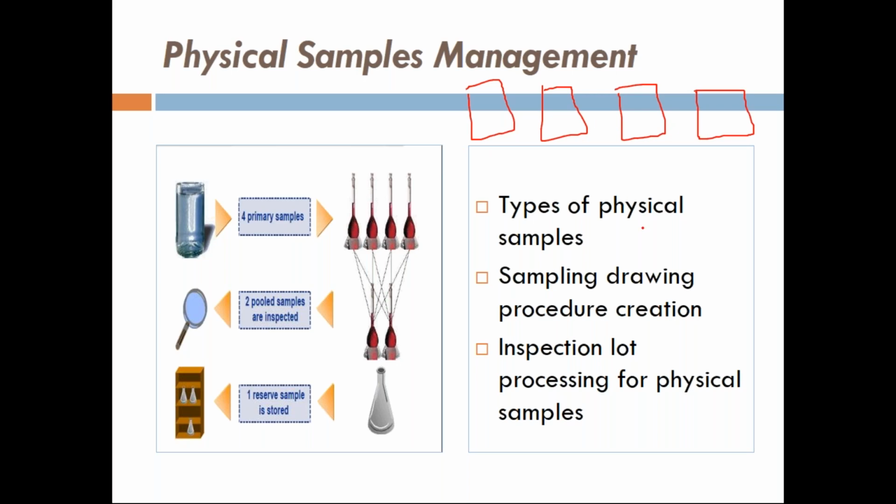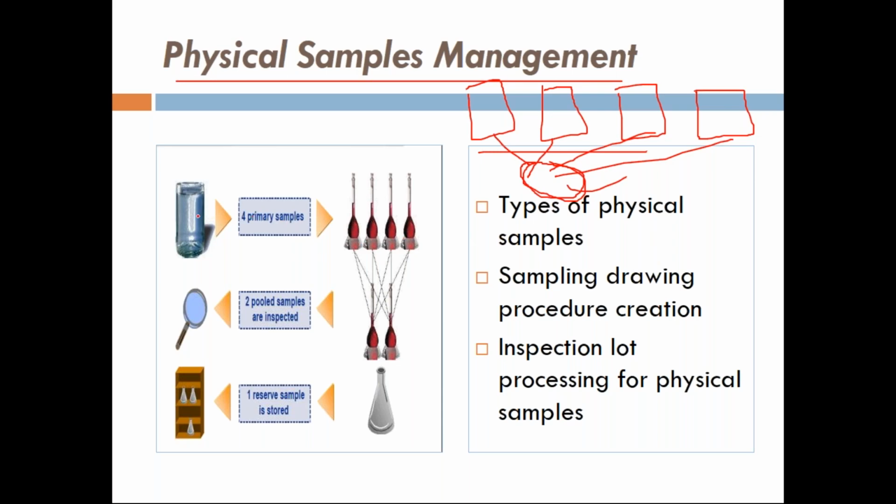But in some regulatory industries, they have to take a sample from each container and mix these samples, and only then do the inspection. So you have that kind of scenario also. For that kind of scenario, you go for physical samples management.